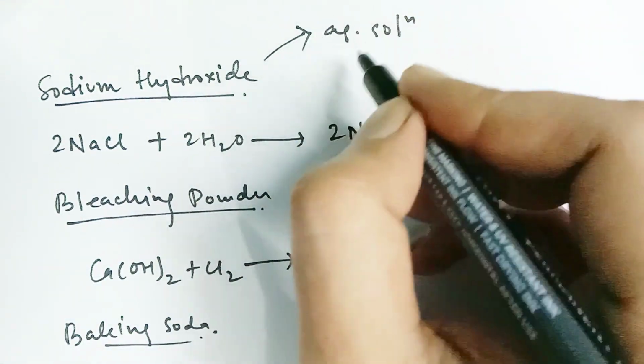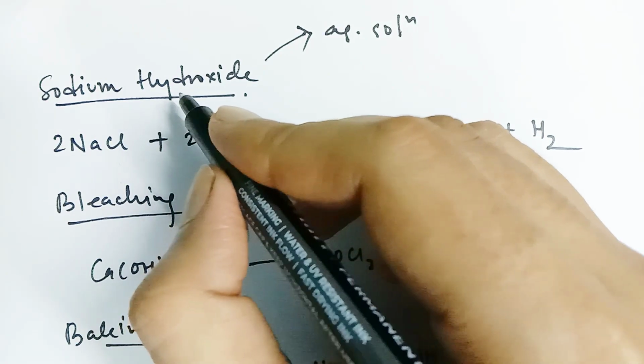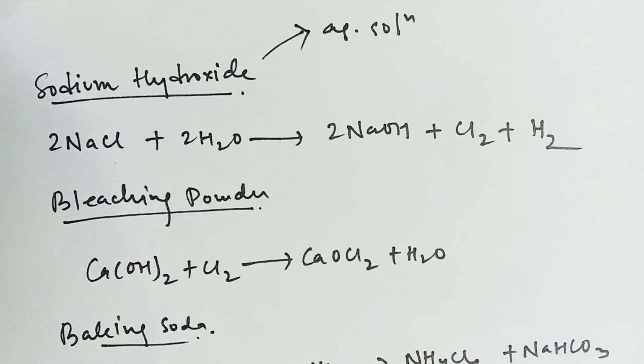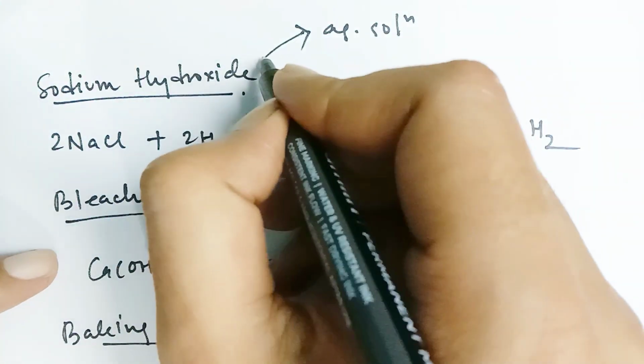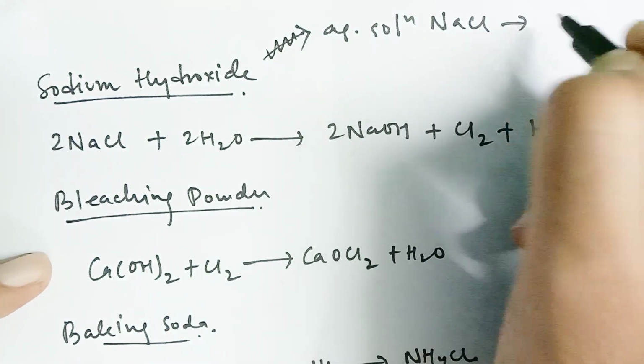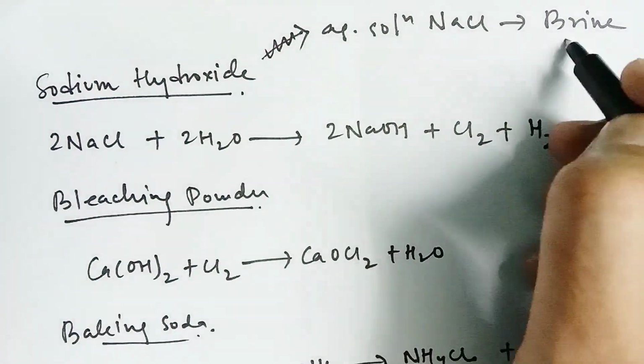Aqueous means water. Sorry, there is some mistake: aqueous solution of not sodium hydroxide, aqueous solution of sodium chloride is called brine. If it comes in the exam, you can note it down.